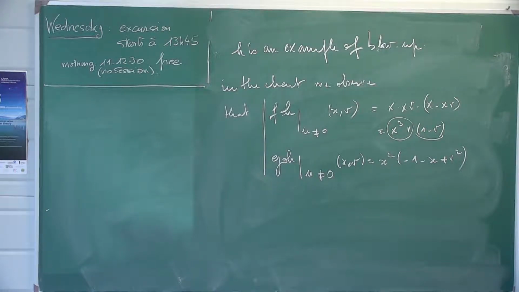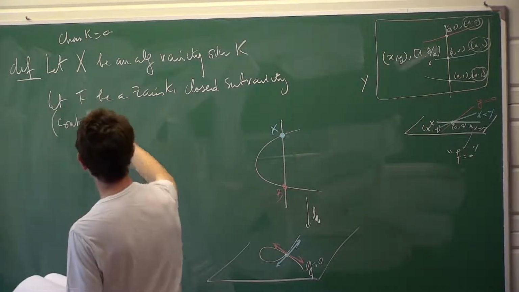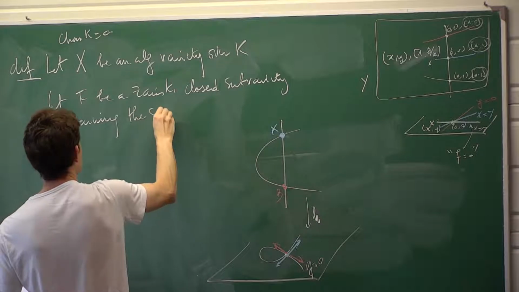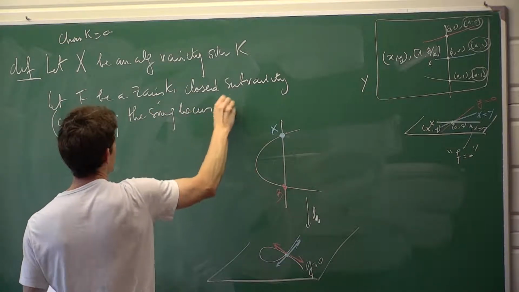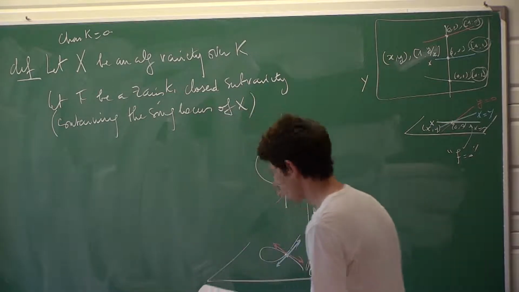So in the following, X will be an affine space. You take F, a Zariski closed subset. Before, my F was F equals 0 or G equals 0. And if X is not smooth, you assume that F contains the singular locus of X. It will not be the case for us today.